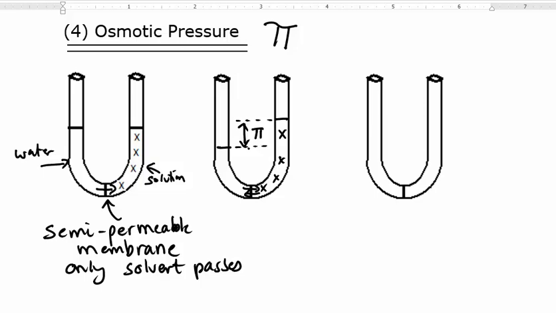There's another way to represent pi, which I'm going to show in the third drawing, where you start with the middle drawing and you apply a pressure down the tube until you force the two levels back to being equal, like the original drawing on the left, and that force that you give to it is the osmotic pressure. So pi is also the pressure needed to equalize.